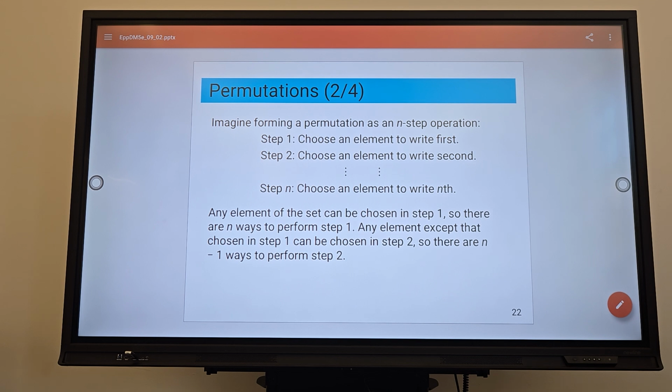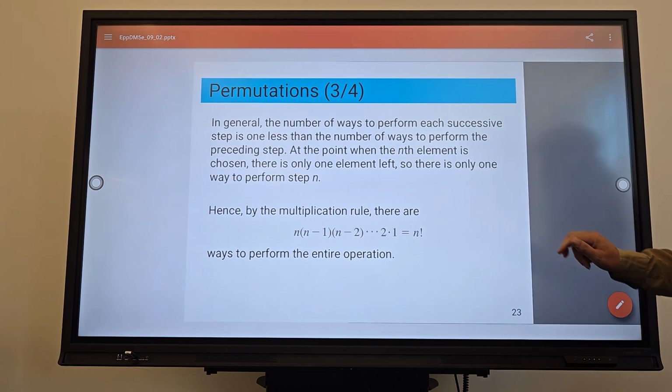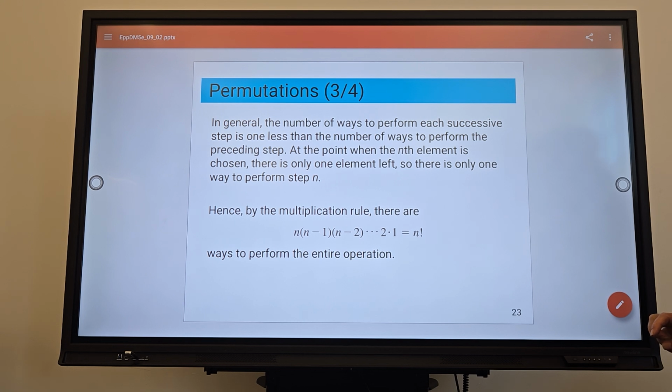Any element except the one chosen in step 1 could be chosen in step 2, so there are n minus 1 ways to perform step 2, and so forth. In general, the number of ways to perform each successive step is 1 less than the number of ways to perform the preceding step. At the point where the nth element is chosen, there's only one element left, so there's only one way to perform it.